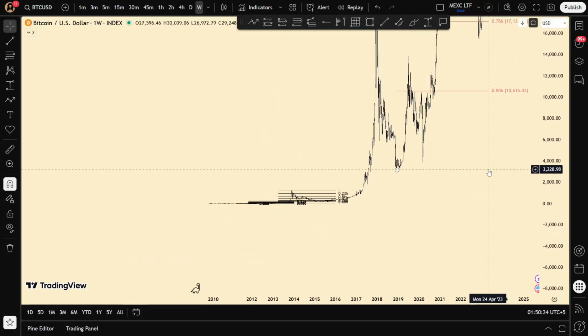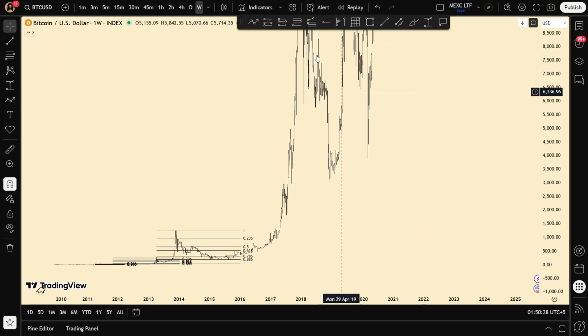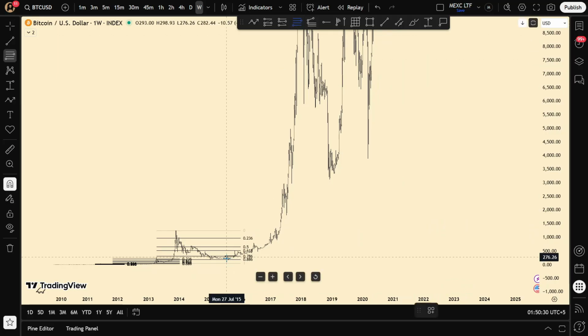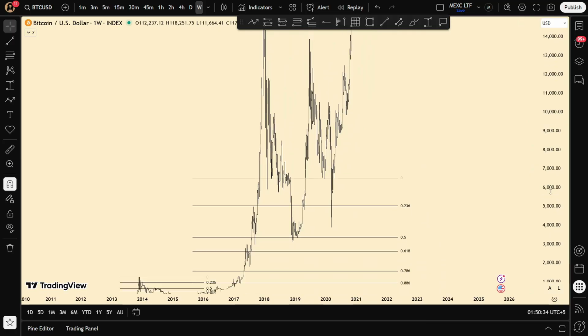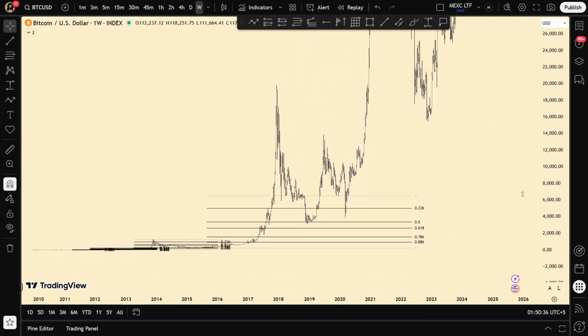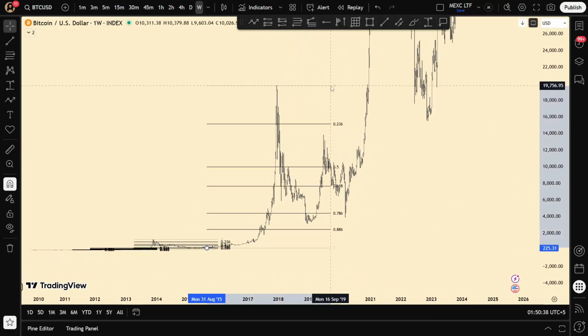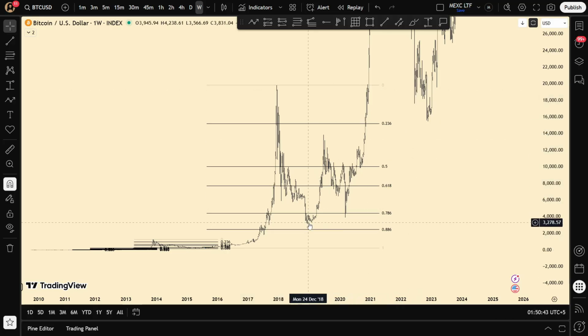Now, from there, actually, wait. From there, let's just say this was the one, all the way to this point. Same thing. 786, almost to 886 retracement.